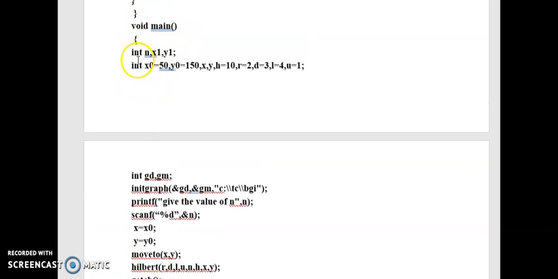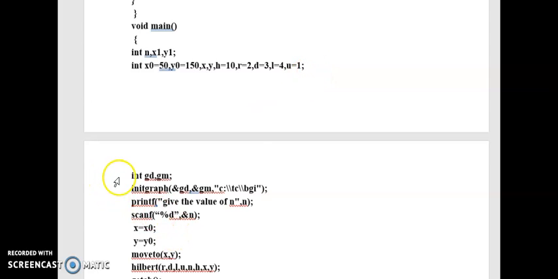Inside it we have created some integer variables n, x1, y1, and then variables x0, y0. We have assigned x0 equals 50 and y0 equals 150. Then we declared variables x, y, and assigned h equals 10, r equals 2, d equals 3, l equals 4 and u equals 1.